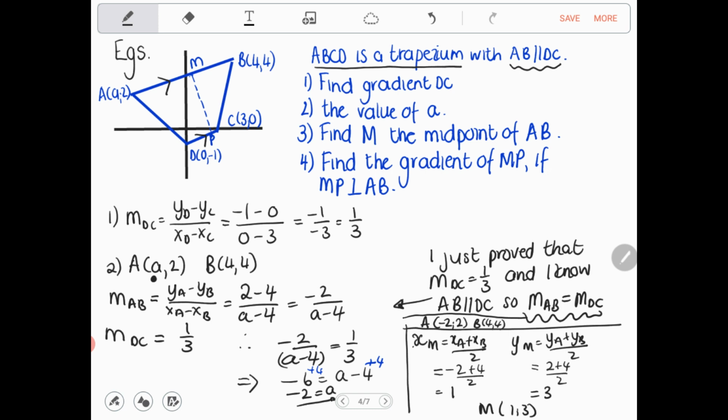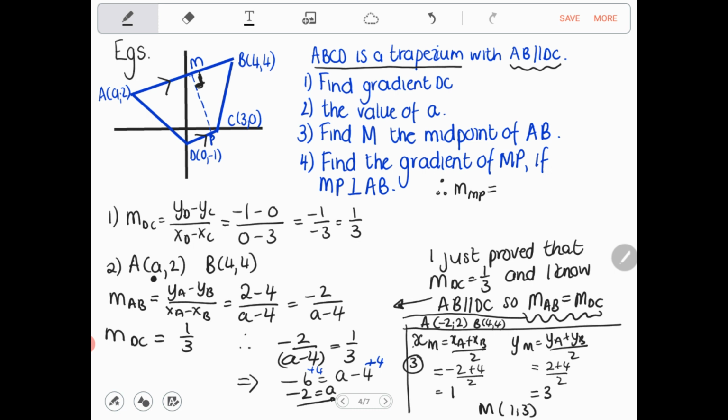And then finally, we're finding the gradient of MP if MP is perpendicular to AB. So I know that this is a 90-degree angle. So that tells me that the gradient of MP has to be equal to, well, what's the gradient of AB?